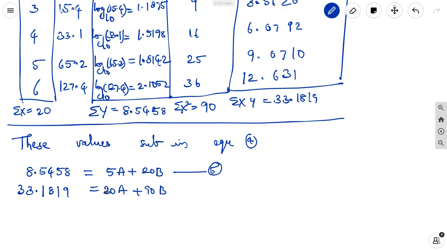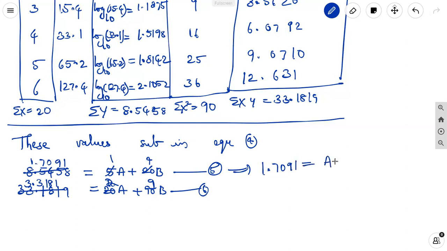Now this is divided by 10 and 5 respectively.